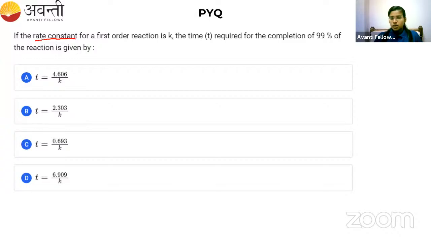Lingana Gauda is going for option C. What about others?